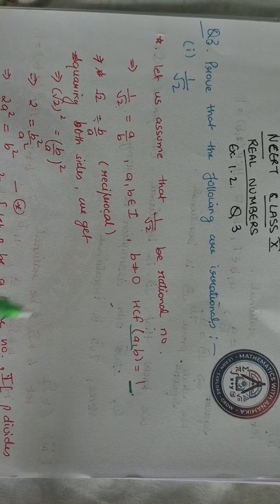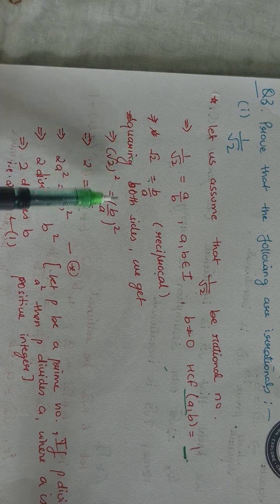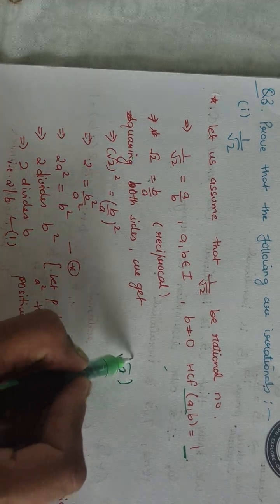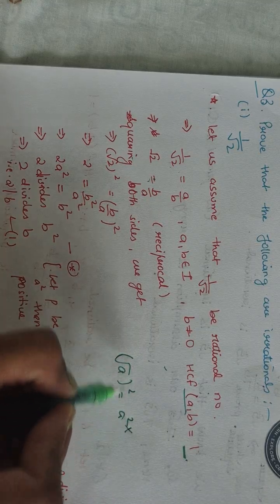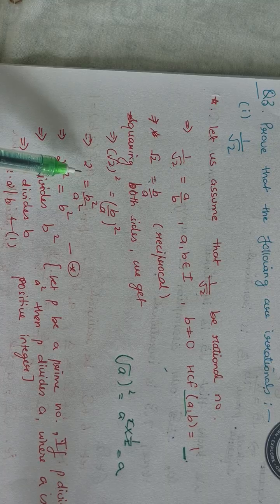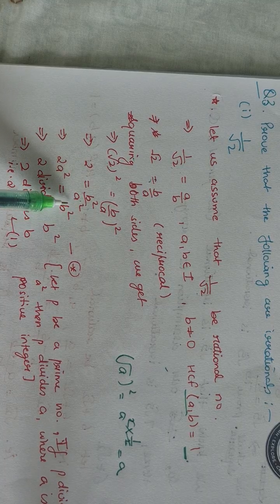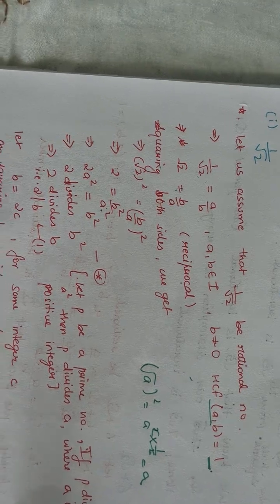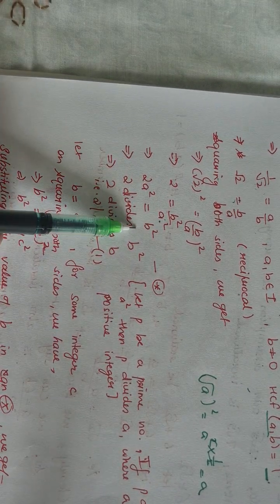Squaring both sides, we get root 2 whole square equal to b by a whole square. Root 2 squared is 2, so we can directly write this as 2 equals b square by a square. Shifting a square to the other side, we get 2a square equals b square.